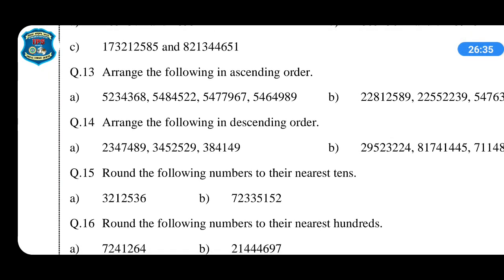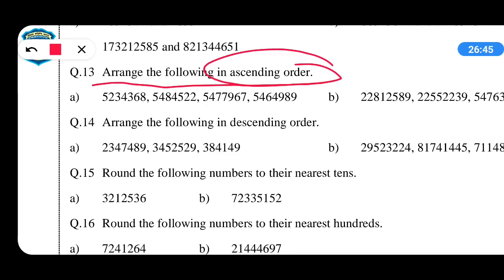Now the question number 13. See, the question number 13 is arrange the following in ascending order. First you must know the meaning of ascending order. What is the meaning of ascending order? Yes, smaller to greater, छोटे से बड़ा. Got it?